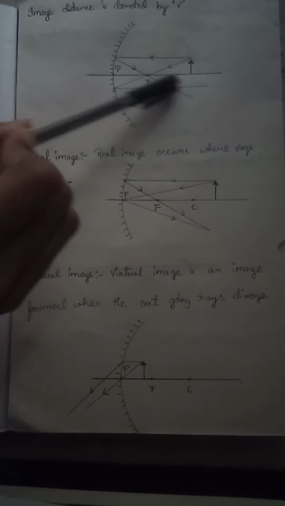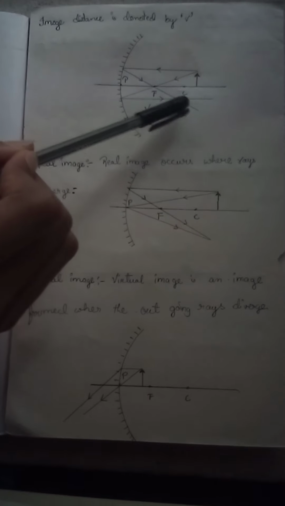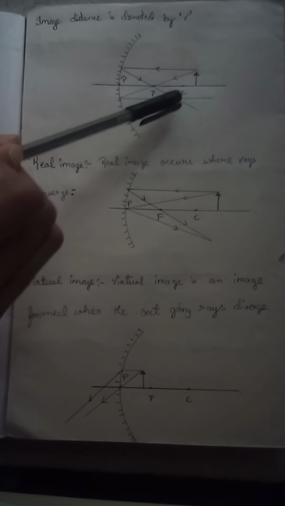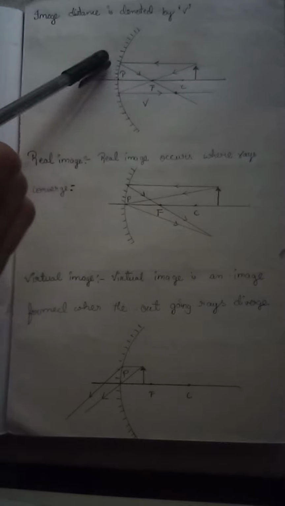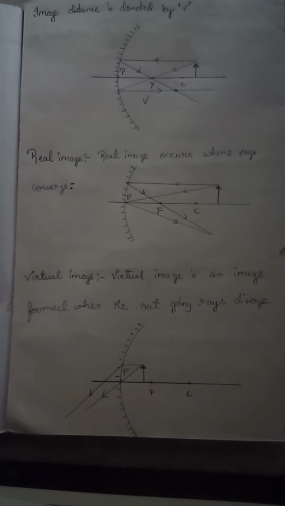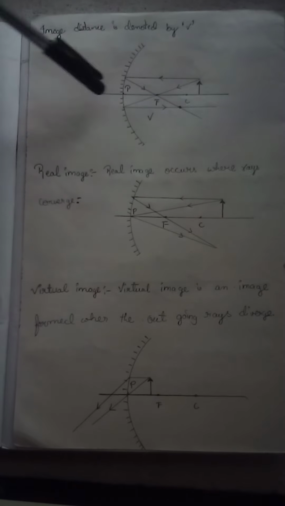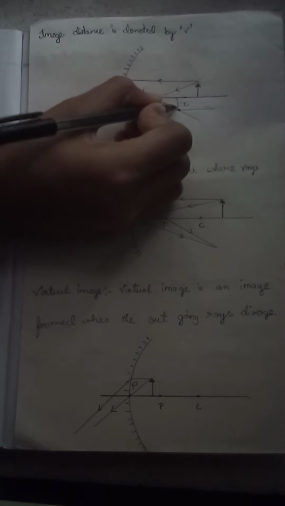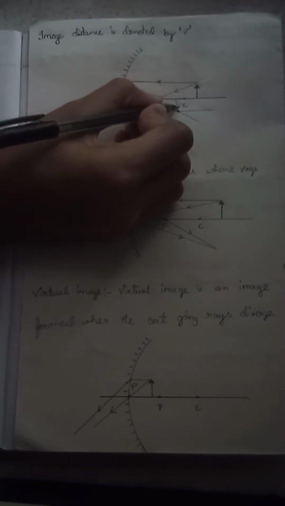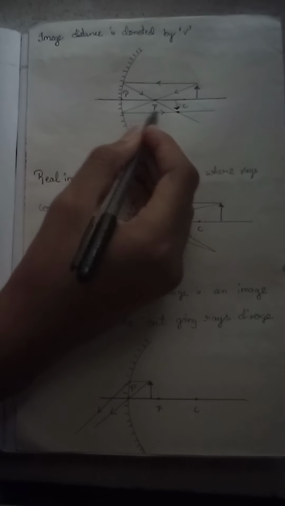These two rays meet at a point. There the image will form. This is called the image distance, and it is denoted as v.